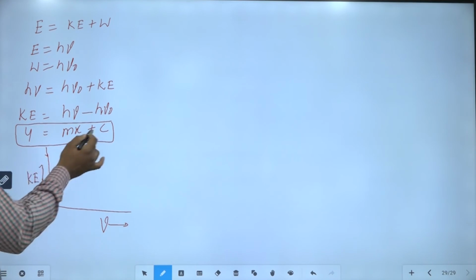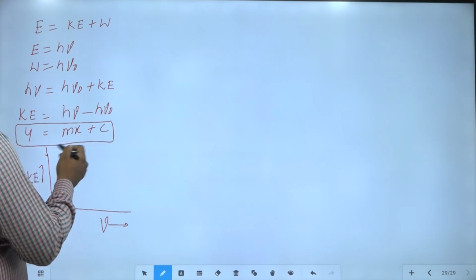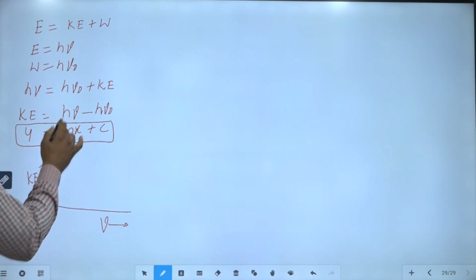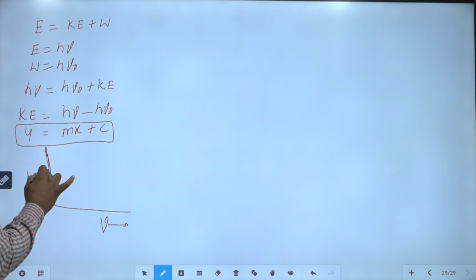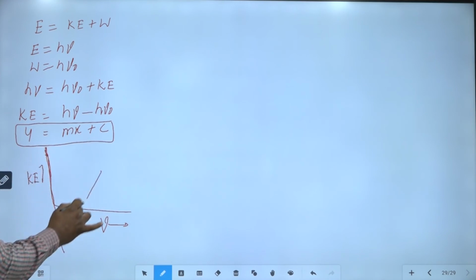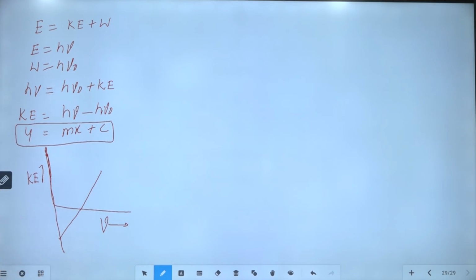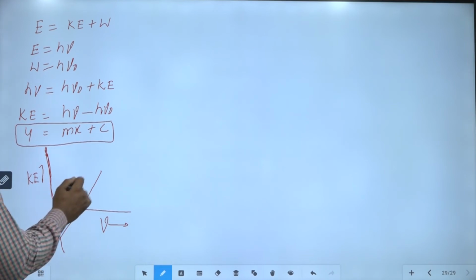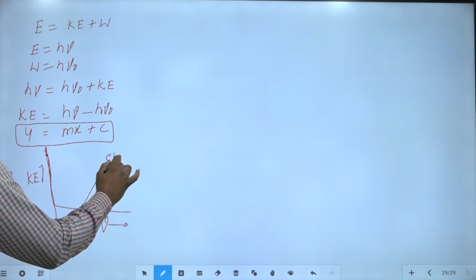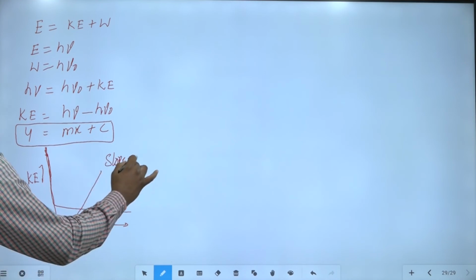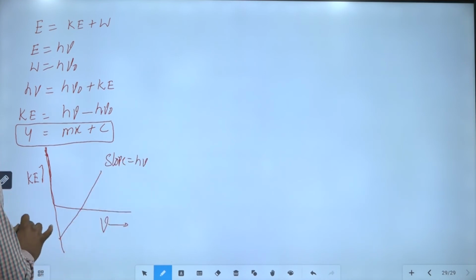Slope is positive but c is nothing but the intercept. So slope is positive like this. Here slope is equal to h. Intercept is equal to minus h nu naught.